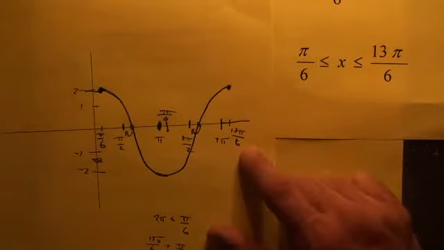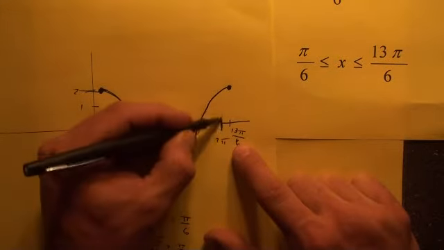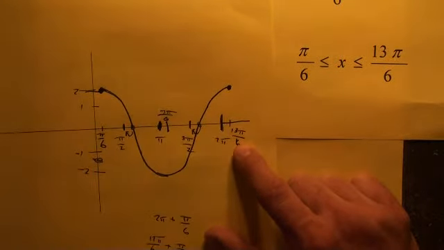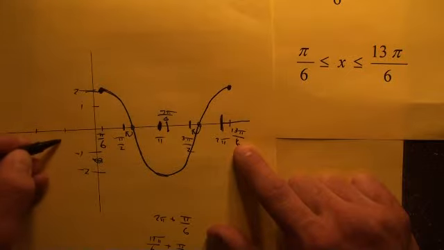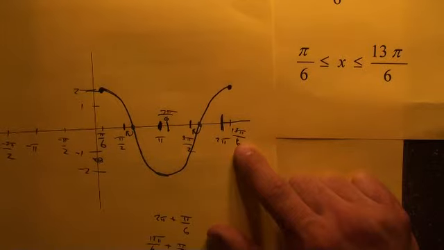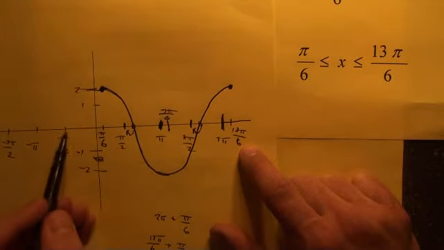And of course, if we wanted to get the other one on the left side, we would just shift everything over pi over 6. So instead of working with a negative 2 pi, a negative pi, a negative pi over 2, and a negative 3 pi over 2, we're going to go over to the right.